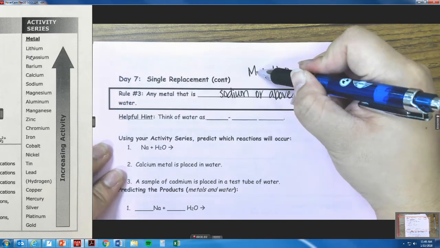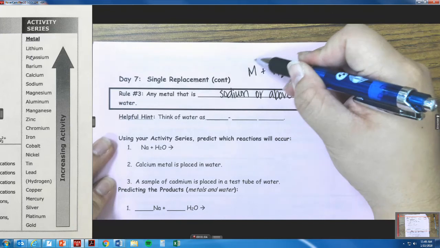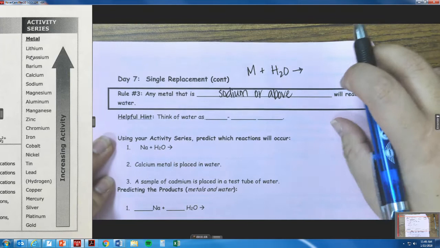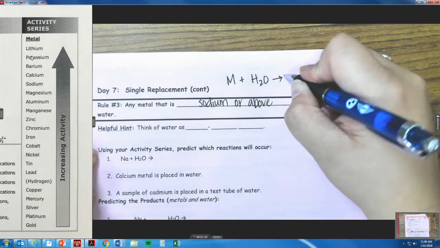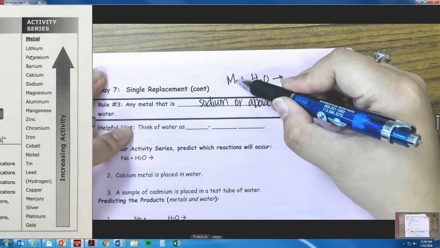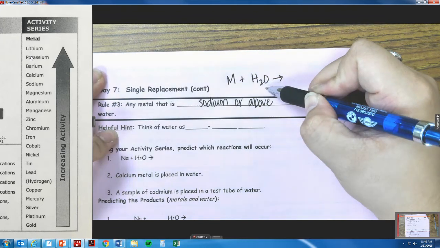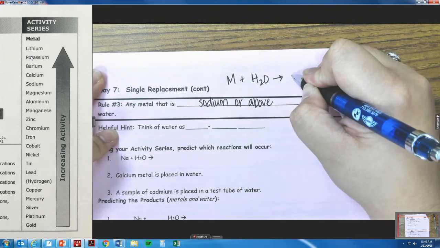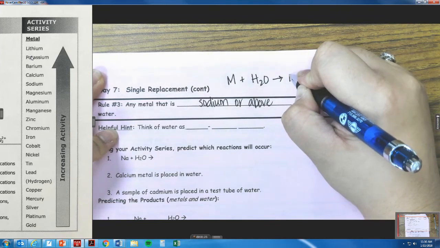So metal, it's positive, it's going to react with the positive element in our compound, which is hydrogen. Your metal is going to react with only one of these hydrogens, not both of these hydrogens. So it's going to replace only one of those hydrogens.